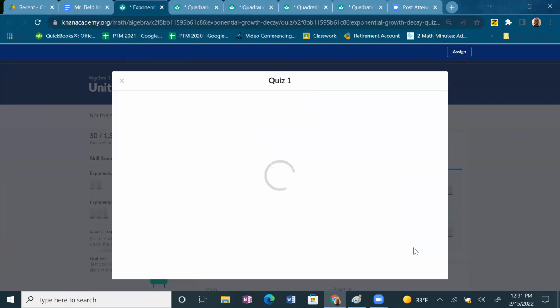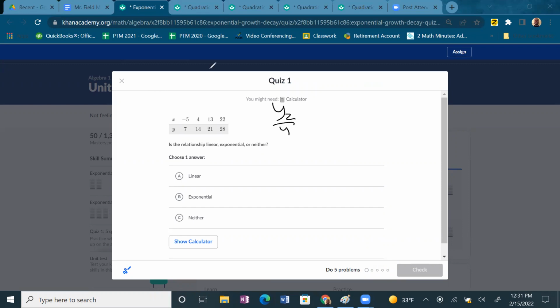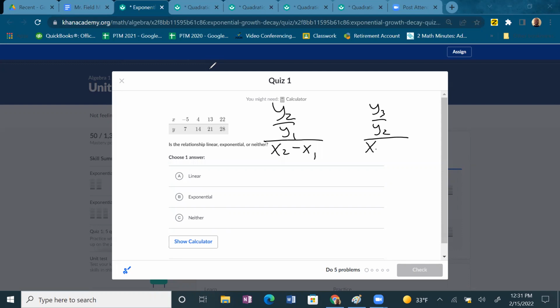Now, let's talk about exponential functions. Is this exponential, linear, or neither? Do you remember the common difference, common ratio? All right, so let's check it out. We got y2 divided by y1 over x2 minus x1. Let's see what that is. And then we'll also do y3 divided by y2 and x3 minus x2, right?